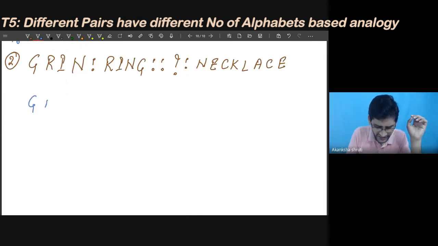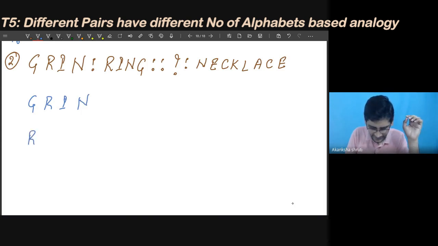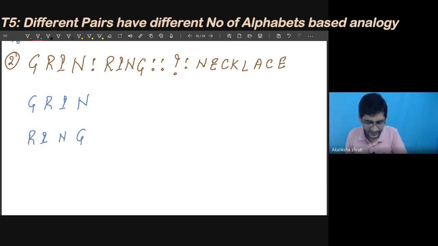So GRIN is here. This is written as RING here. What are the ways in which we can understand?